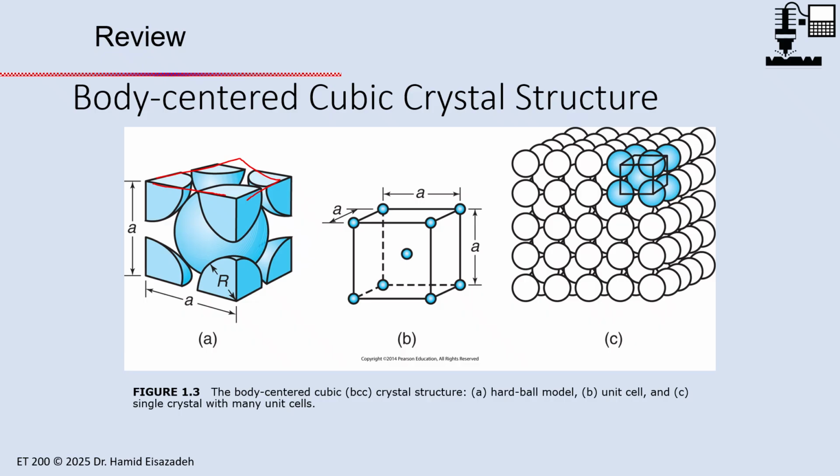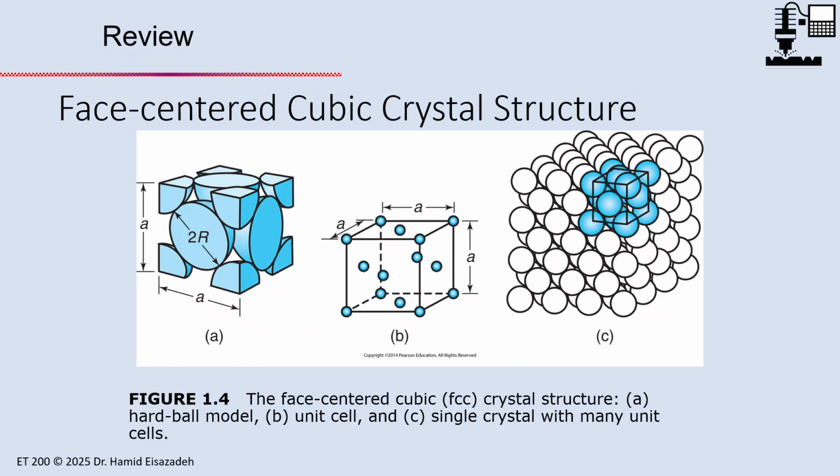We said that the smallest repeating cell is called the unit cell, and every material consists of many of these unit cells, and all of them are the same. For the BCC, we have one atom on each corner, so 8 atoms totally on the corners, and we have one atom inside the unit cell.